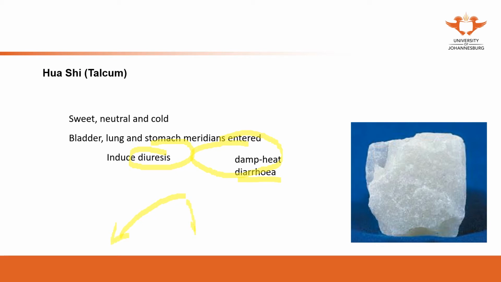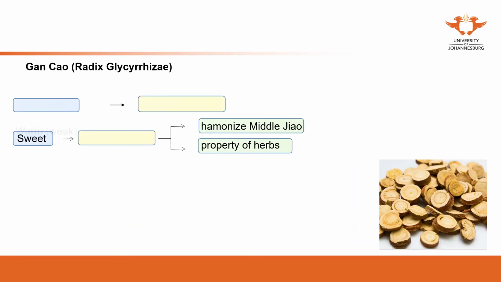If there are not as many fluids in the intestine, you can treat the diarrhea. That's why inducing diuresis can be used for diarrhea. This is one of the functions of 滑石. 甘草 has the same indication, to harmonize. This formula is very important to relieve the heat, especially the damp heat.